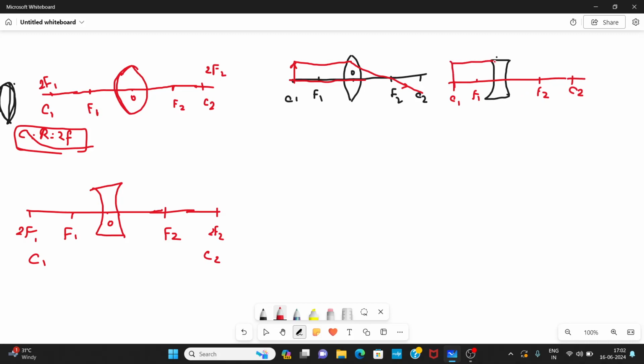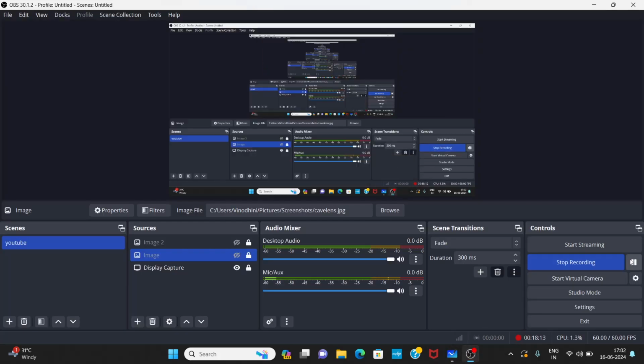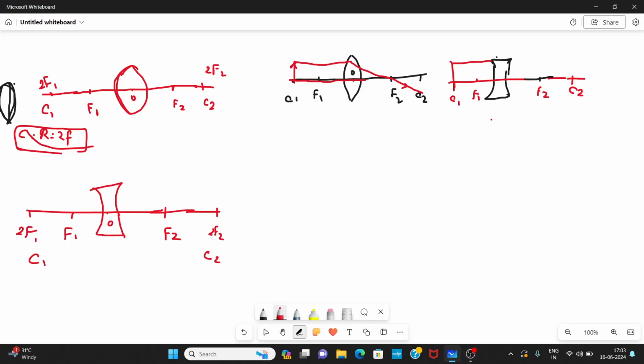If your incident light is passing parallel to the principal axis, the refracted ray will bend outwards. It will diverge, but it virtually passes through the focal point.